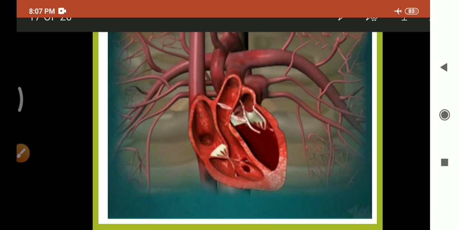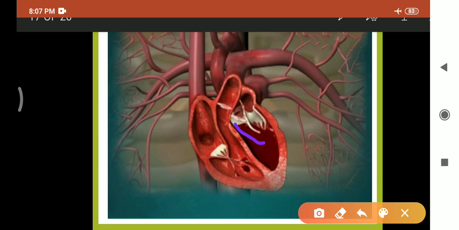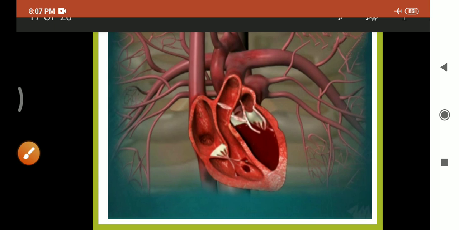Now the left ventricle contracts and blood is pumped out. From here the blood is pumped out. Where is it pumped? From the heart into the body, with the help of the aorta. What is the aorta? That is the largest artery. What is the function of this largest artery?